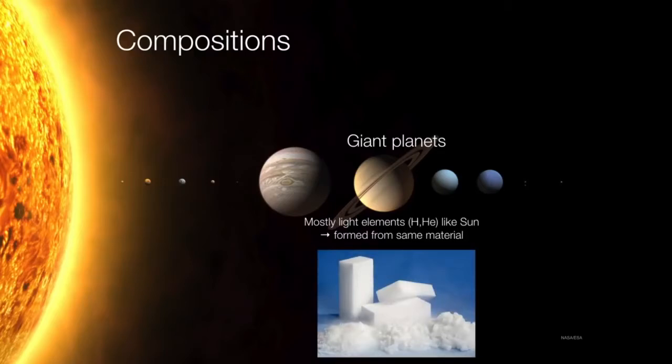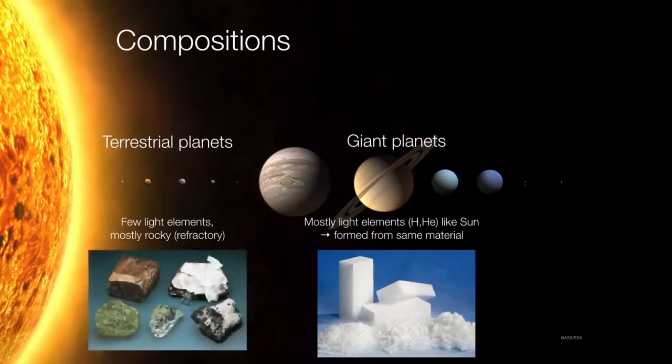So we have very lightweight materials such as hydrogen, helium, methane, and chlorofluorocarbons, all cold enough to become an ice. It's for this reason that these planets have a relatively low density. Terrestrial planets, on the other hand, have relatively few of these lightweight elements, and they're mostly composed of rocky or refractory materials, so minerals, olivines, and so forth.